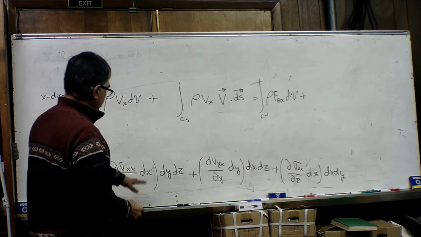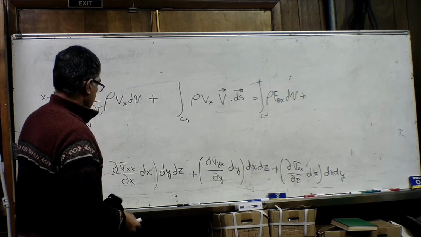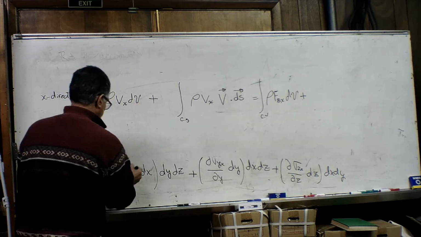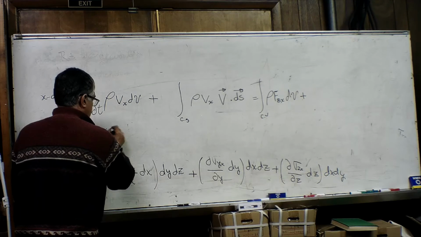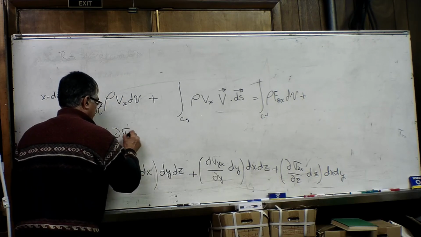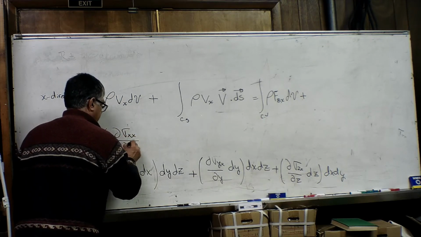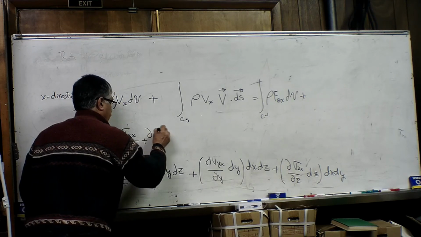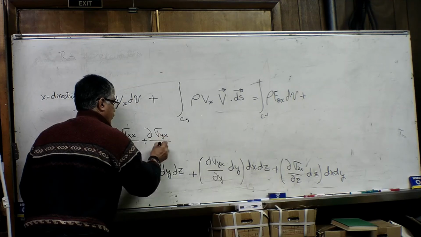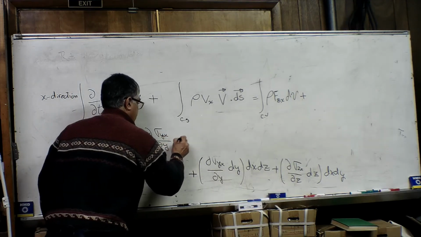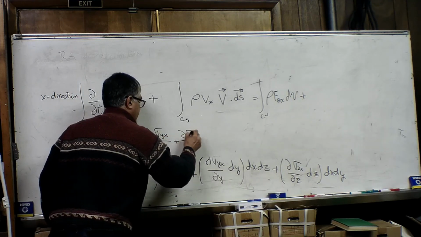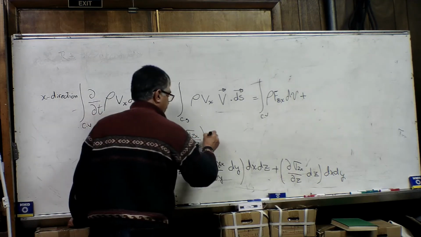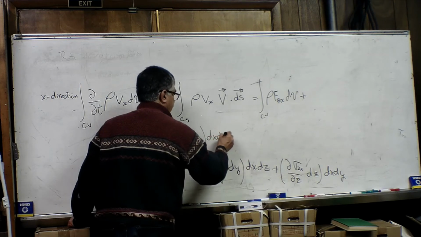If we simplify this, we can write this as the partial derivative of sigma xx with respect to x plus the partial derivative of sigma yx with respect to y plus the partial derivative of sigma zx with respect to z, multiplied by dx dy dz.